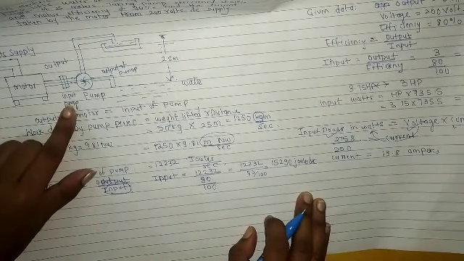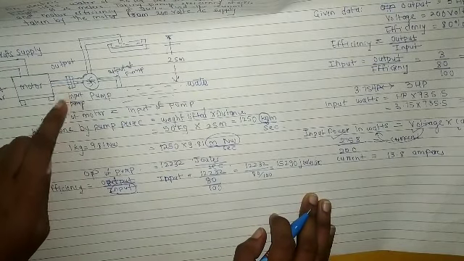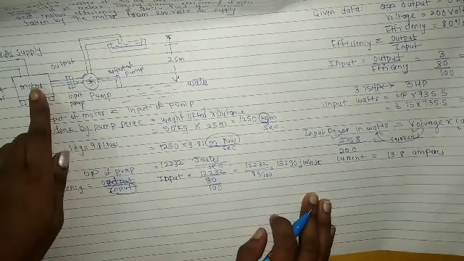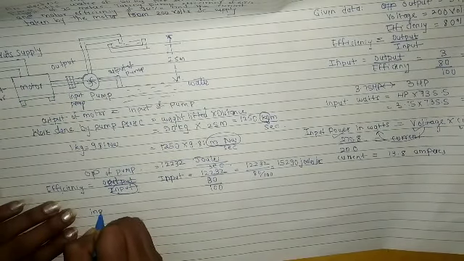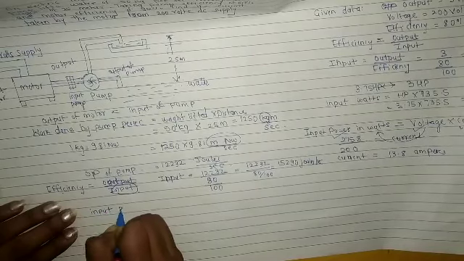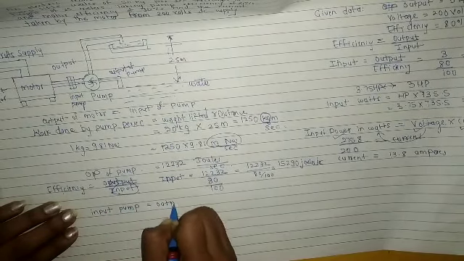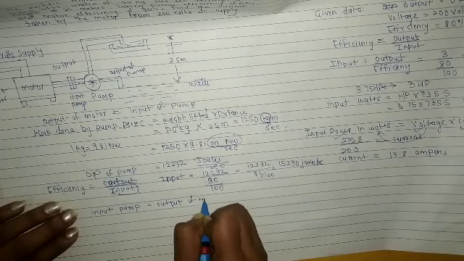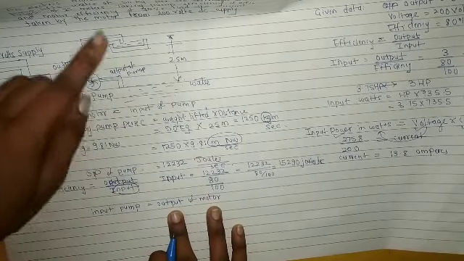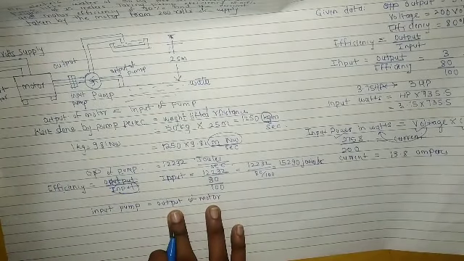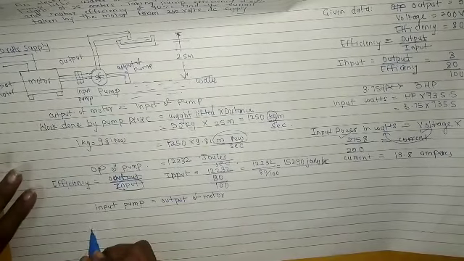So our input power of the pump is equal to the output power of our motor. This input of pump we calculated is equal to output of motor. So we know the output of the motor now, and we also know the efficiency. Now we'll calculate the input power of the motor.